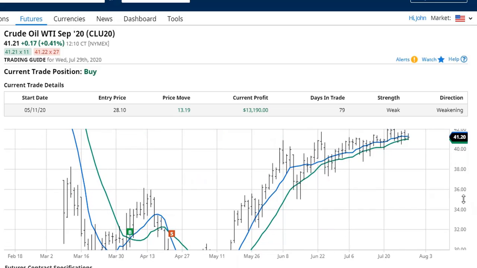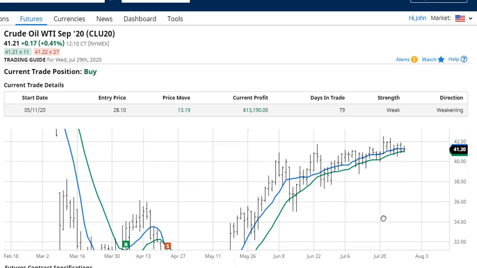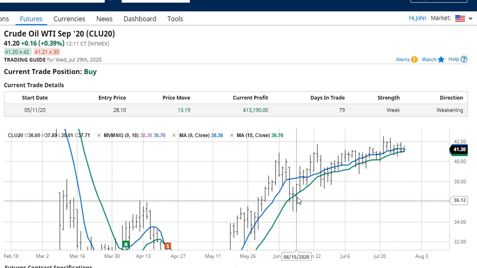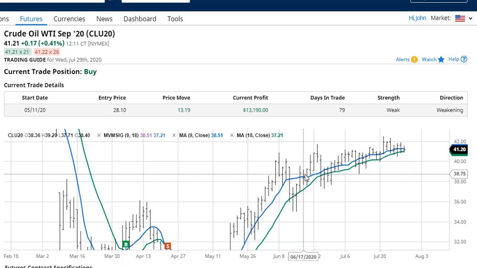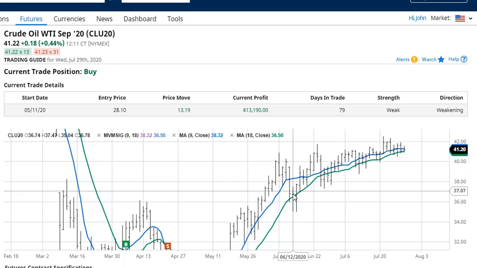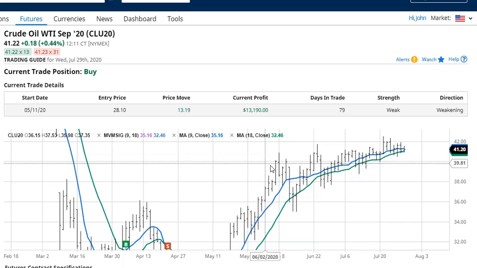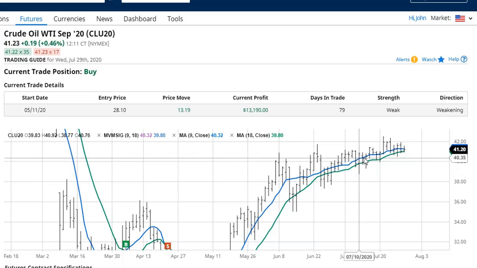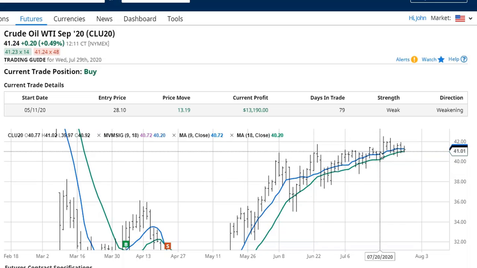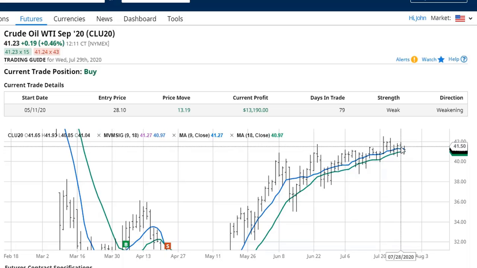And so the advanced strategy we could think about here is, as price gets back above my moving averages, this could give me permission to add on to my position, right? Again, a more advanced strategy. And you can see that in the last month or so, there were 4 or 5 opportunities where I could have added on and gained a lot more profit in this trade. But again, we're just talking about a 1-lot contract scenario.